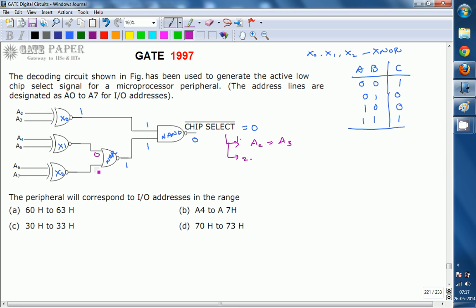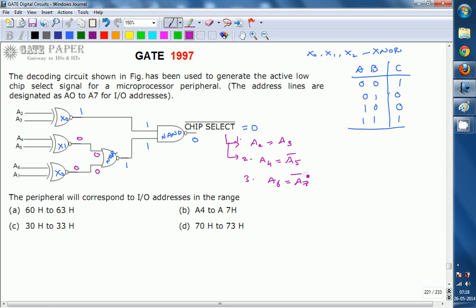So the outputs of X1 and X2 must be zeros. For an XNOR output of 0, the inputs must be complements of each other. So the second condition is A4 equals A5 bar, and the third condition is A6 equals A7 bar.